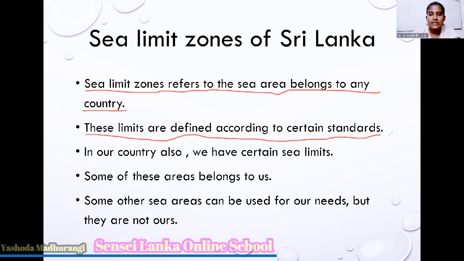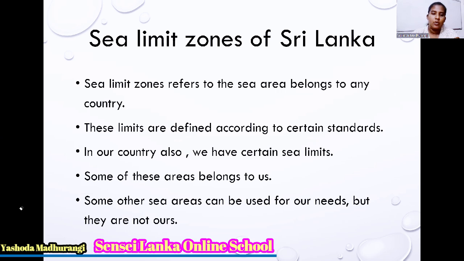In our country also, we have certain sea limits. Some of these areas belong to us. Some other areas can be used for our needs, but they are not ours. I think you understand these facts about the sea limit zones.